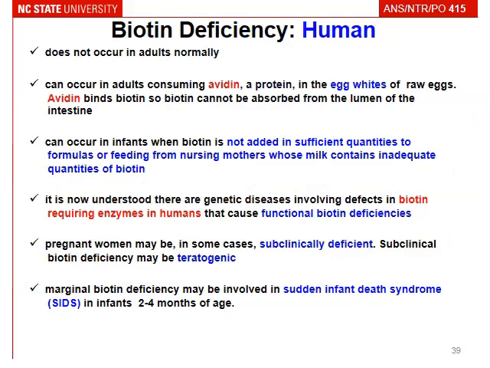Biotin deficiency in humans does not occur normally in adults. If you do see it in individuals, they're going to be adults consuming a large amount of egg whites. There is a protein in egg whites called avidin, and this actually binds biotin.